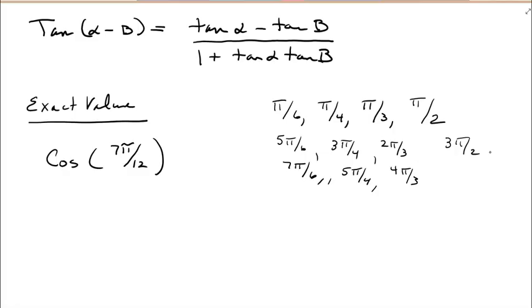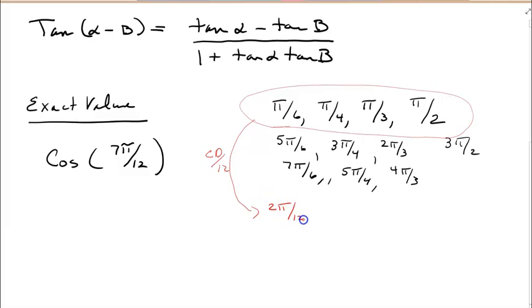So in other words, 3 and 4, 6 and 2. So because it's over 12, if you're really not sure and not seeing it, what I would probably do is take these and put them over 12. So for example, I want to make it a common denominator of 12. Oh, well, pi over 6 becomes 2 pi over 12.